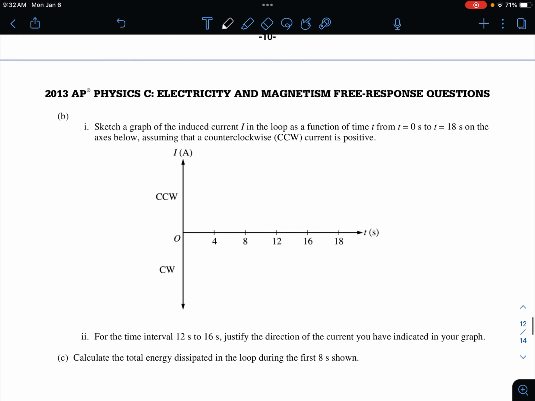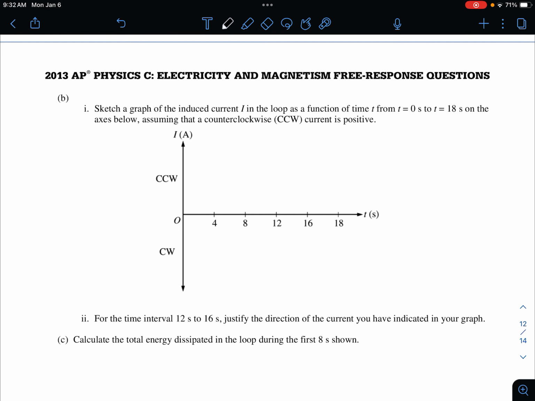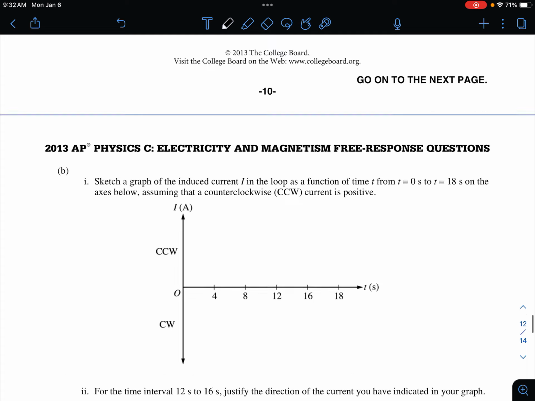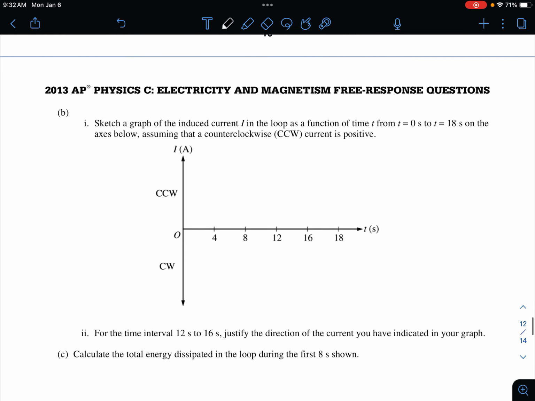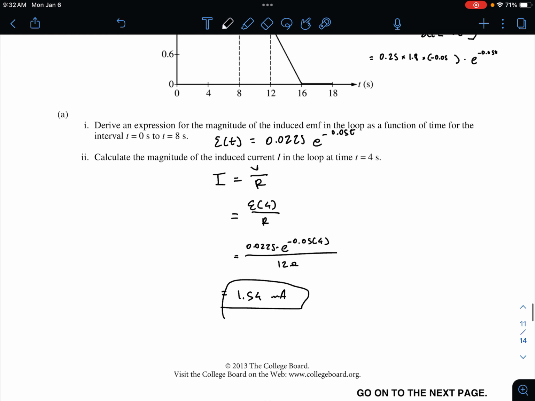Awesome. So we're going to sketch a graph of the induced current from time t equals 0 to 18, assuming that counterclockwise is positive current. For this, it's really just going to be like this function.